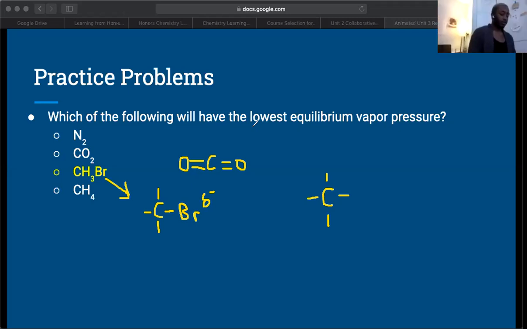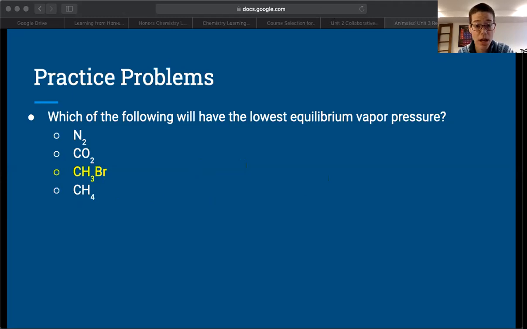A salt can dissolve in water because there are ion-dipole interactions. Salts can dissolve in alcohol because the OH in the alcohol also gives you a slightly polar molecule. But you can't dissolve a salt in CH4, methane, because it's nonpolar. So there is no such thing as an ion-induced dipole. That is not a thing.